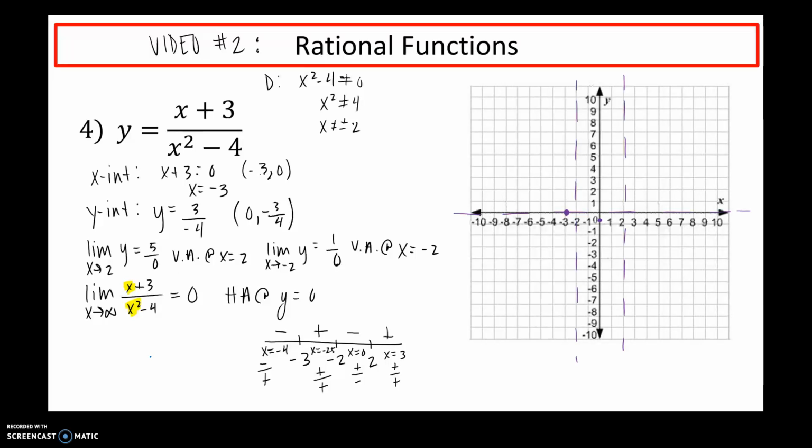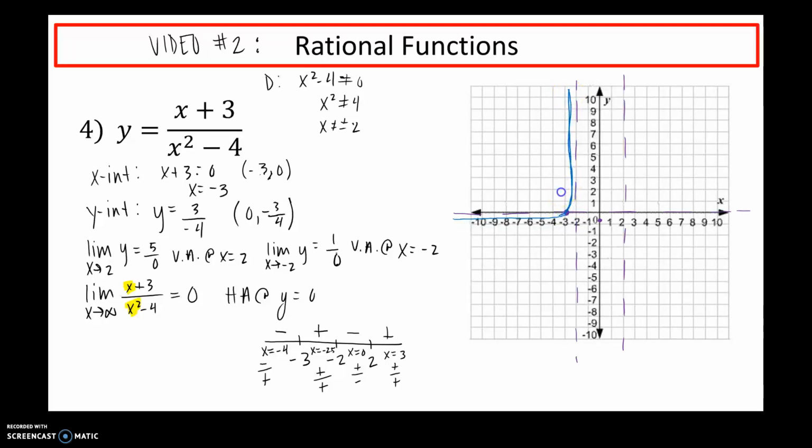I have to be below the x-axis to the left of -3. Then at -3, I'm going to cross the x-axis, and then I have to end up being positive, so above. So here I am below the x-axis. I cross over at my x-intercept, and then I'm going to continue to hug that vertical asymptote.